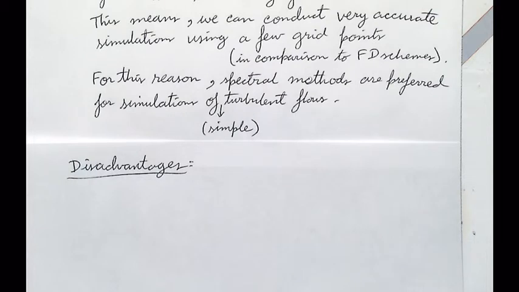Think in terms of the Fourier transform. What is one assumption we have made in the Fourier transform? The analytical Fourier transform requires an integral from minus infinity to plus infinity, or if you are periodic, from 0 to 2 pi.